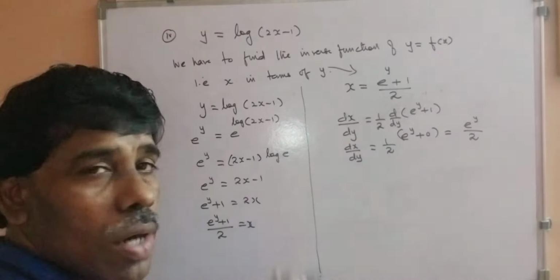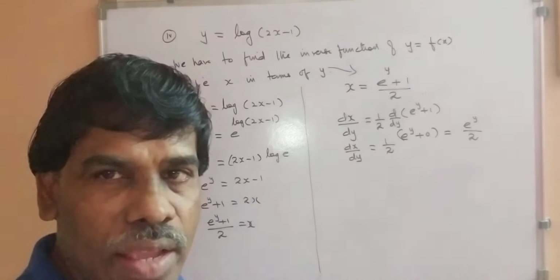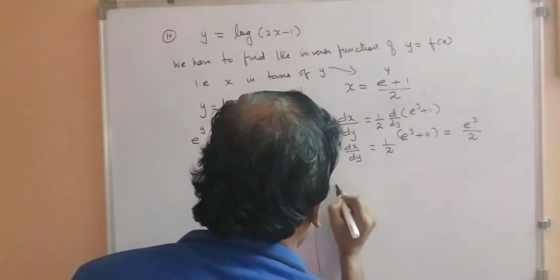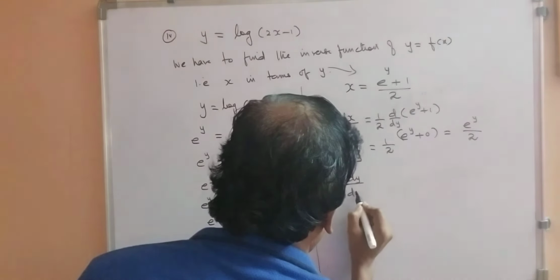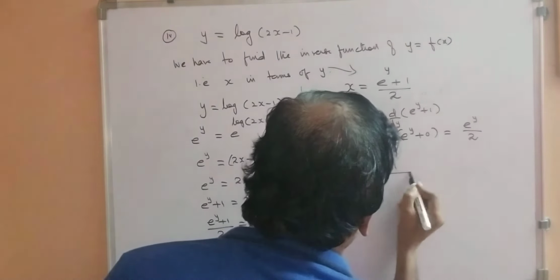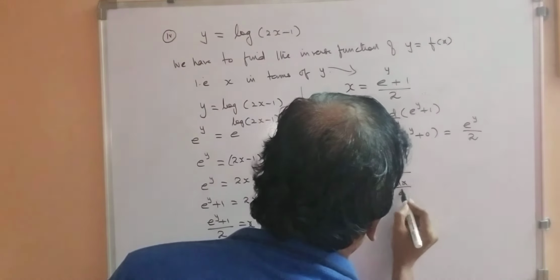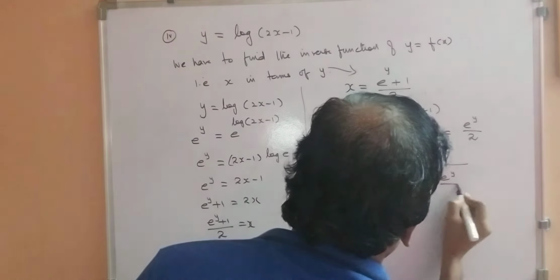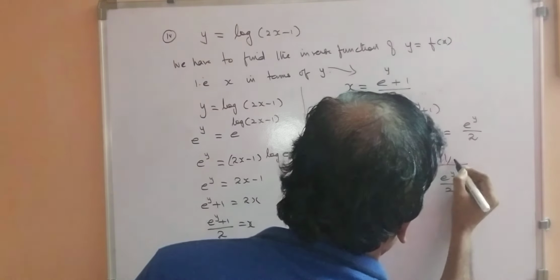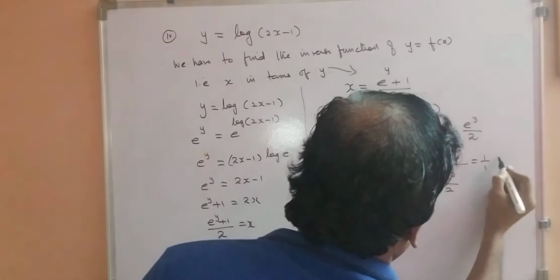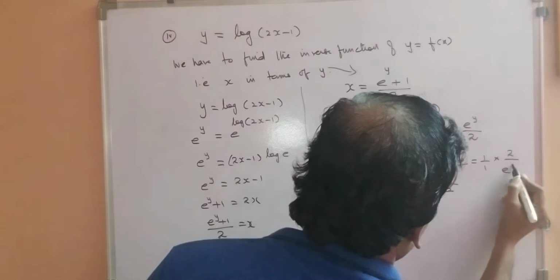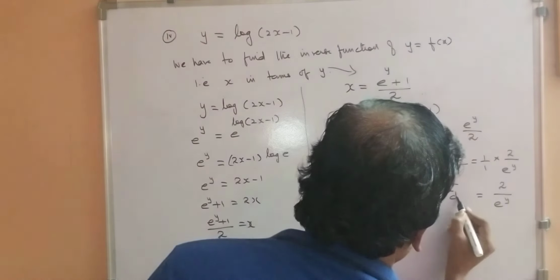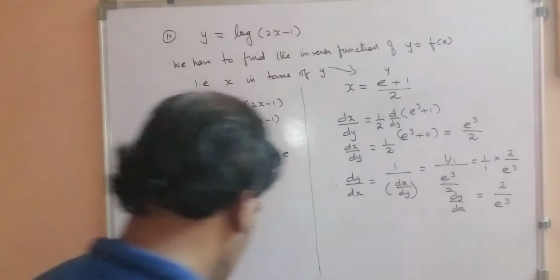But what we want ultimately? dy by dx. Therefore dy by dx equal to 1 upon dx upon dy is equal to 1 upon e raised to y upon 2. So 1 upon 1 into 2 upon e raised to y equal to 2 upon e raised to y. This is your dy by dx.